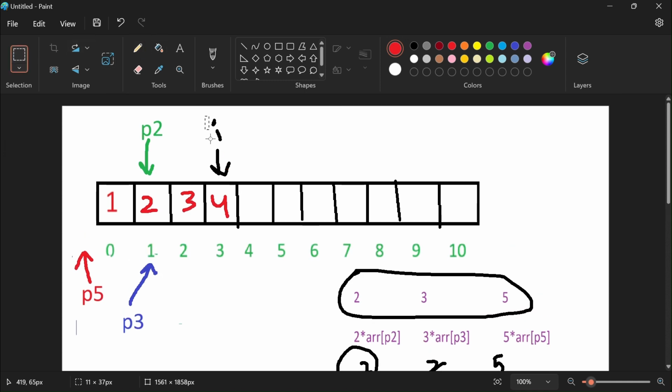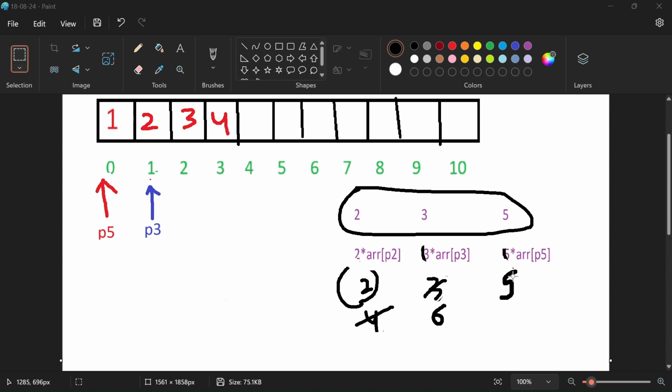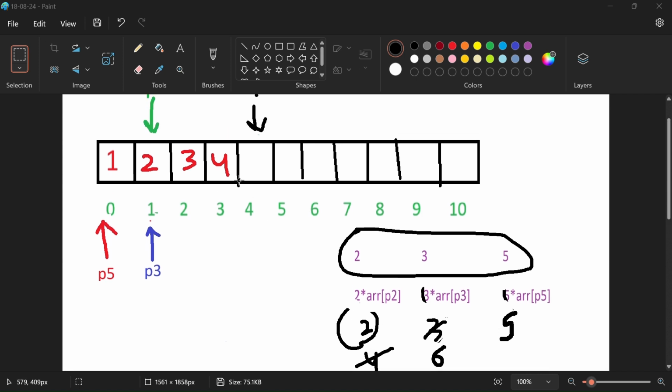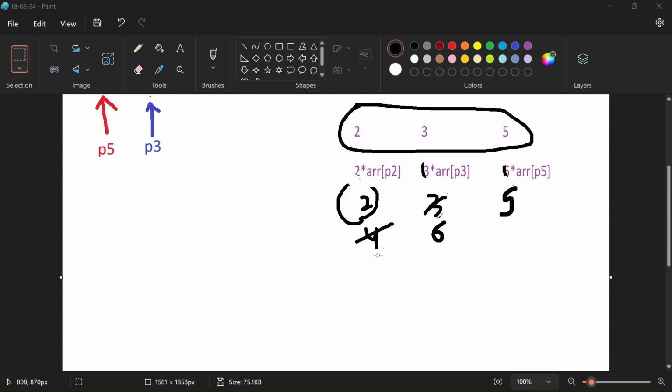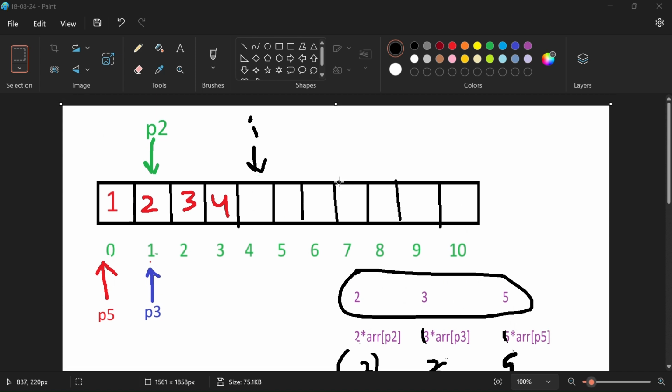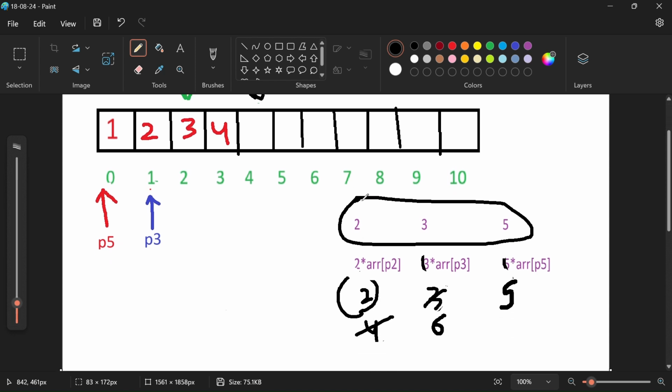We move our current pointer, and of 4, 6, 5, 4 is the minimum, so we write 4 and increment the current pointer. 4 is a multiple of 2, so we move pointer p2 to the next multiple, which is 2 into array of p2, so 2 into 3, 6.